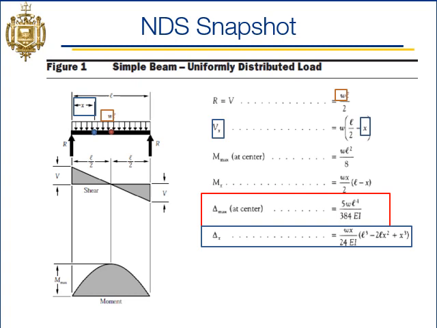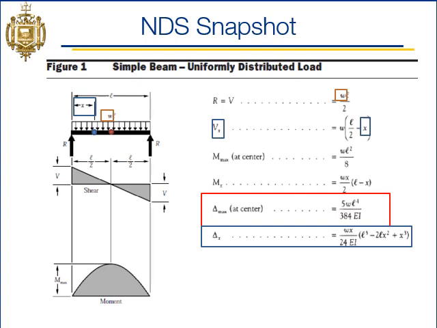It's telling you that for any distance x that you decide to choose, you can use this equation to calculate the shear: W times (L over 2 minus x). X is any distance you choose from the left support, and that allows you to calculate the shear at any point along the beam.